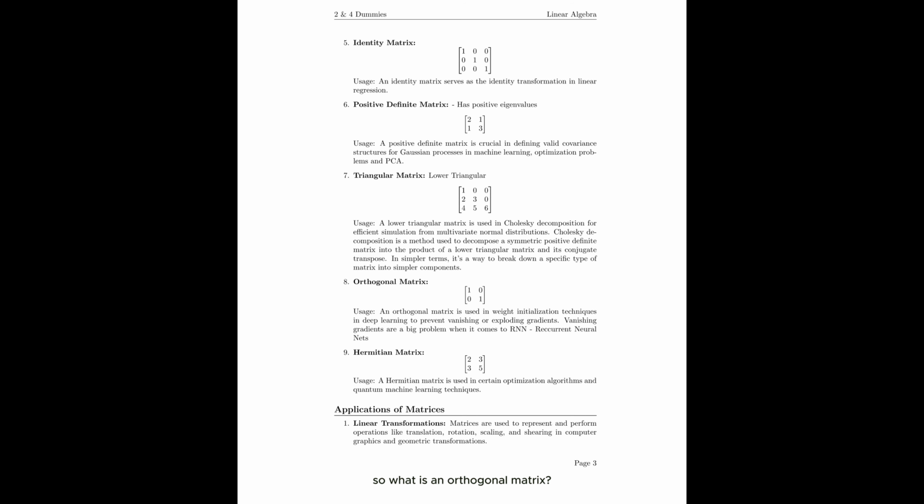So what is an orthogonal matrix? Orthogonality simply has to do with right angles, and right angles are usually well behaved, especially when it comes to points and plotting. So where do you use orthogonal matrices? We use orthogonal matrices to curb the problem of vanishing and exploding gradients in neural networks, more so in recurrent neural networks which have these problems.